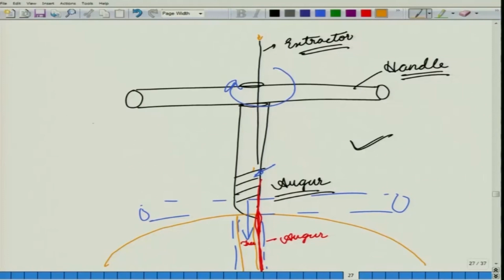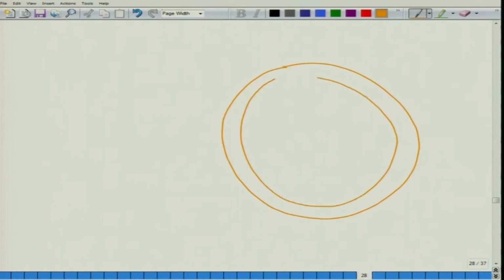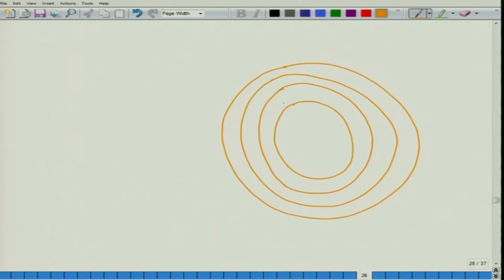When you take this core outside, it would be like a cylinder with all your tree rings as seen on the surface. These are the annual rings of the tree. Essentially, you have taken a portion of the tree with its annual rings outside in the form of a cylinder.